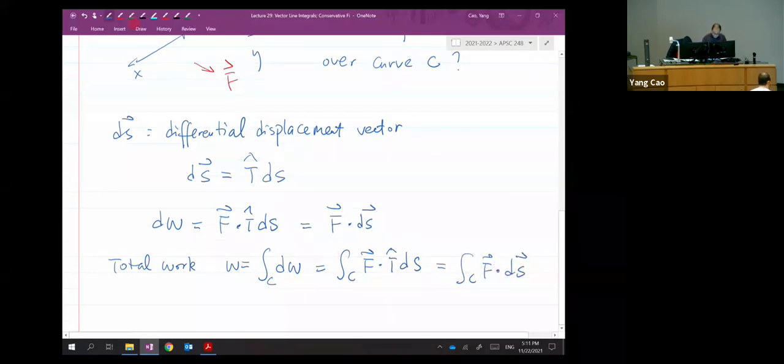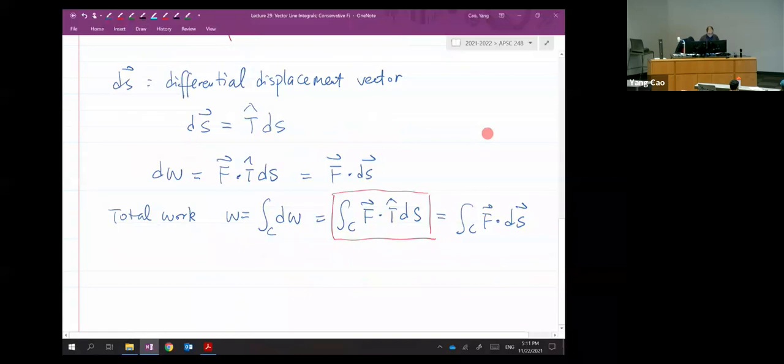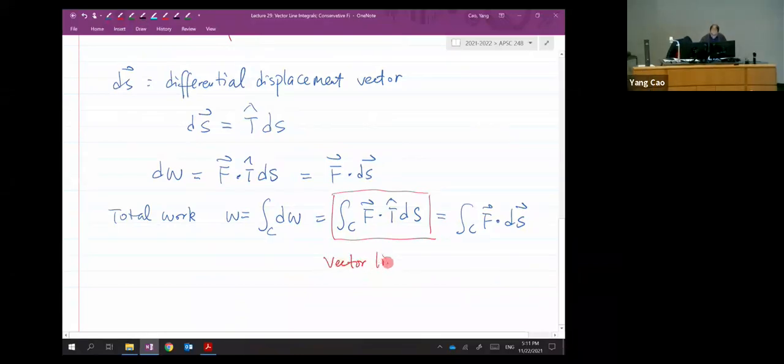And this is much more applicable, as you're going to see next. So now the question that we wanted to answer gives us an integral operation. This operation is what we call the vector line integral.